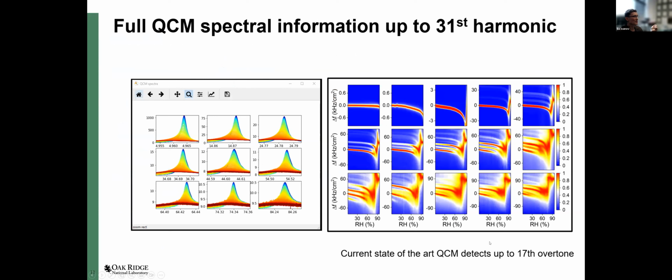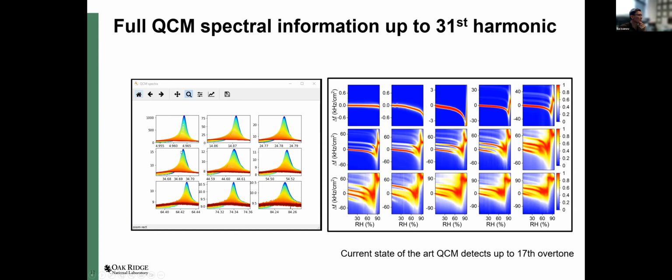In most commercial systems, the QCM probes viscoelastic properties up to the 17th overtone. We created a system allowing us to go up to the 31st overtone, and it brings tremendously diverse information on the thickness-based response for thin films.